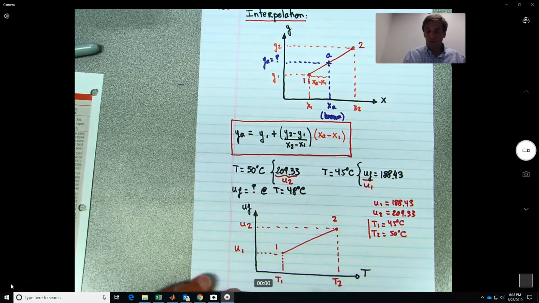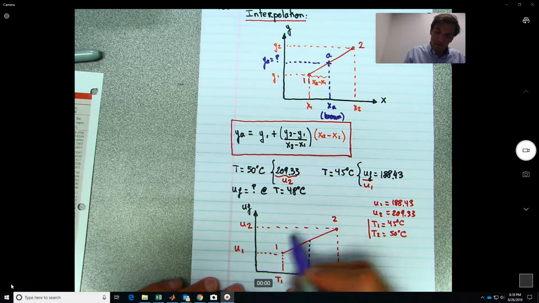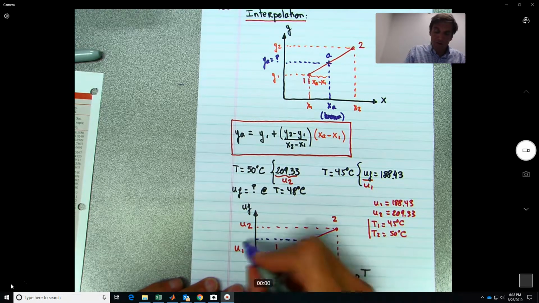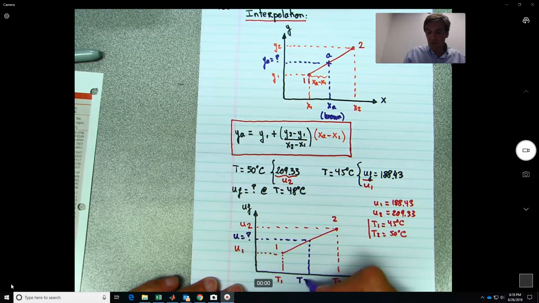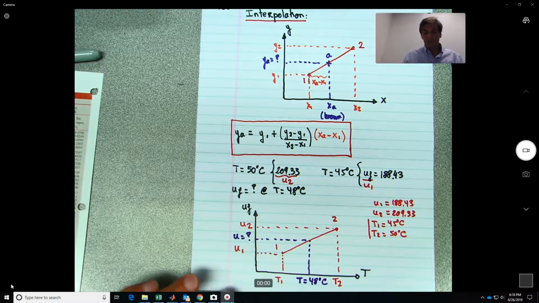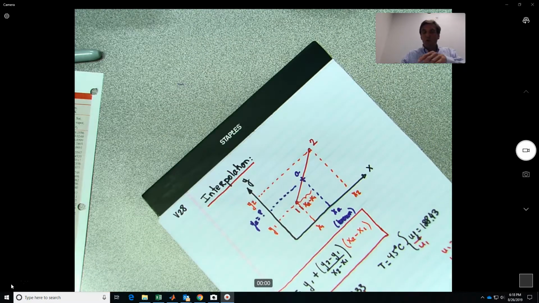And we're trying to find the value of u at what temperature? At T equal 48 degrees Celsius. Okay, so the interpolation will be equal to what?